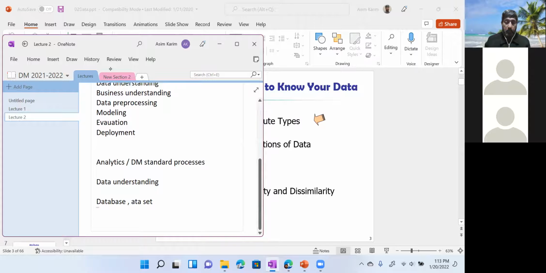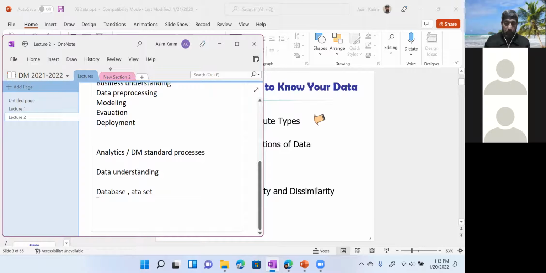And depending on the type of database or data set, which we had mentioned previously, that structure might be somewhat different. All right. So we will quickly start with the standard data matrix, which you can also call the relational database.